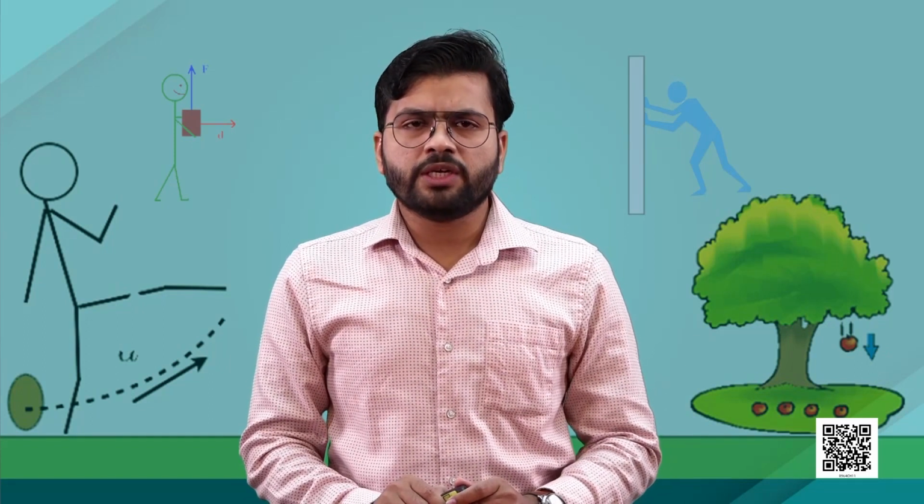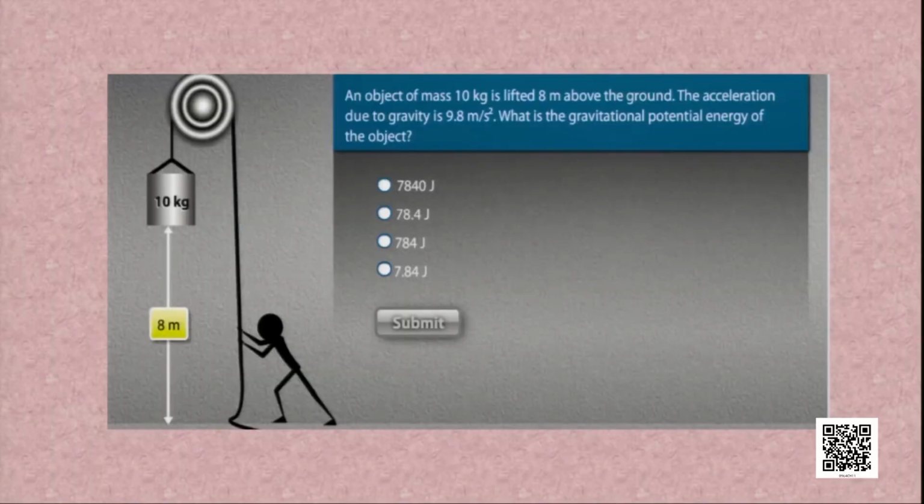So, here is the question in front of you. An object of mass 10 kg is lifted 8 meter above the ground. The acceleration due to gravity is 9.8 meter per second square. What is the gravitational potential energy of the object?